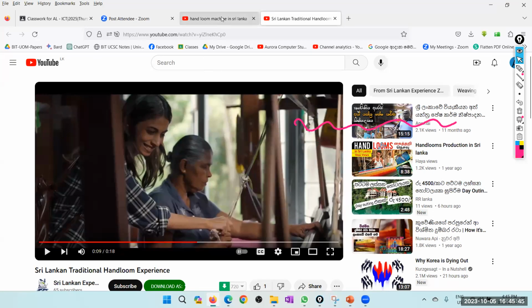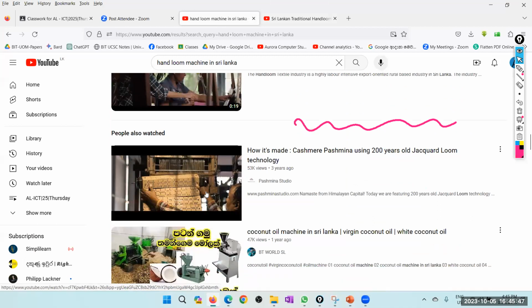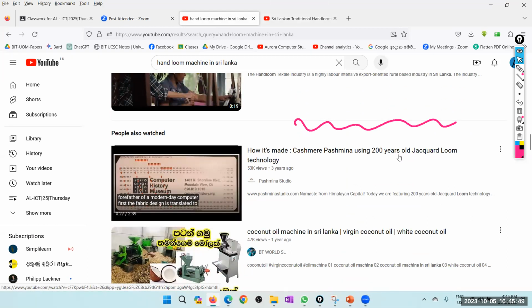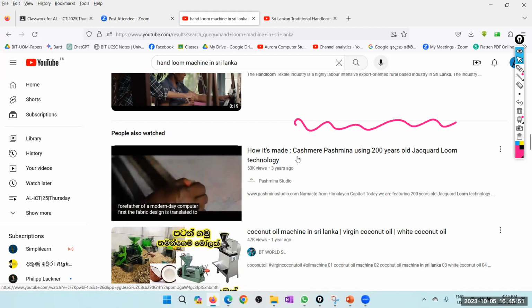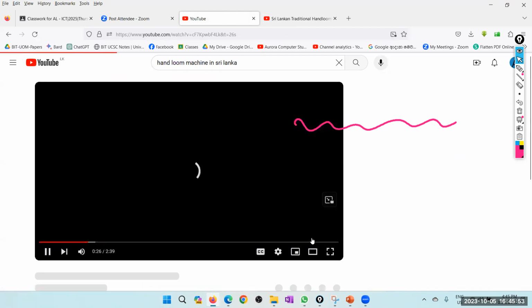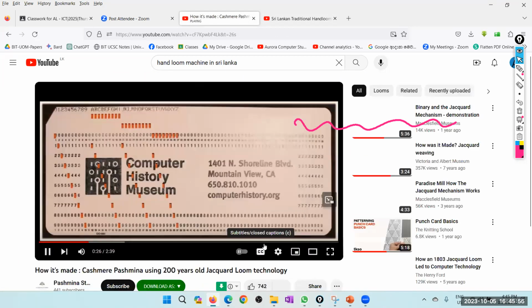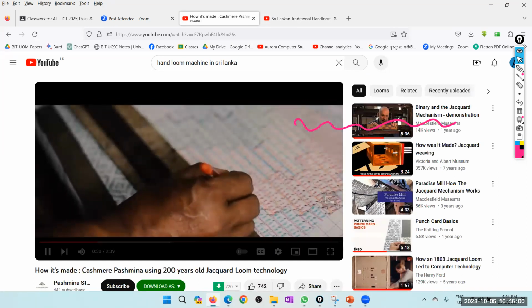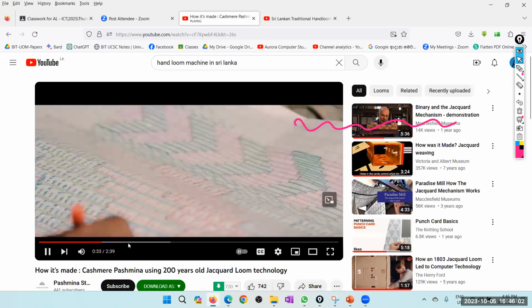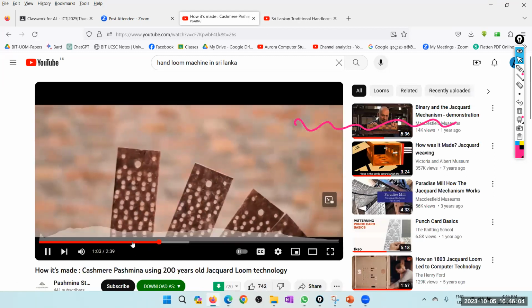Okay. So what he came up with is this idea. You can see the Jacquard loom technology, which is 200 years old. What he thought is, why can't we write it into a program? First, the fabric design is translated to a graph.